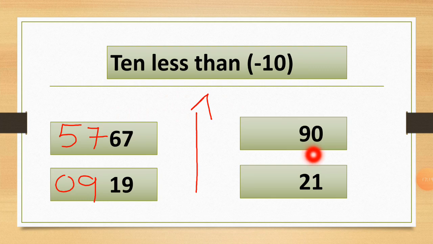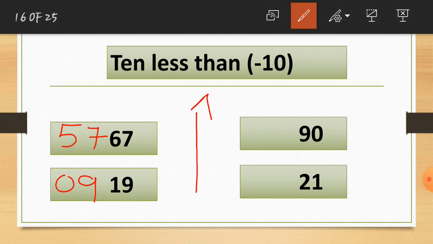Now let's see here. Here is 0 and here is also 0. Now students, you can see in the tens place there is 1, and here in the tens place there is 9. So we cut one from this 9 and we will get the number. First I write the ones value as it is, so you can easily understand what I am trying to explain to you.